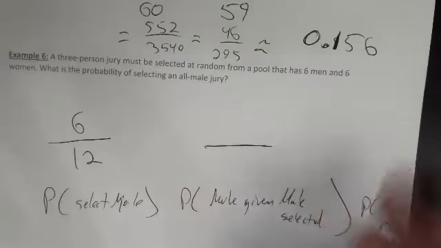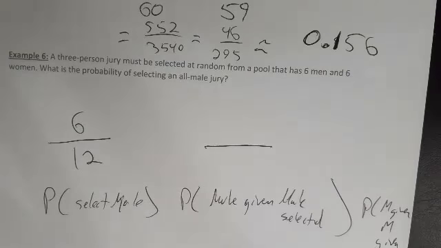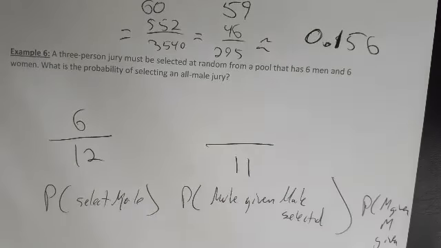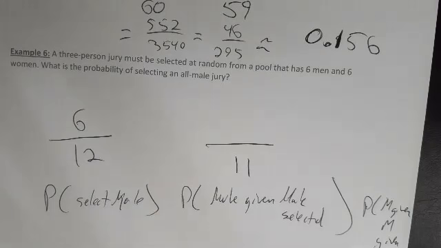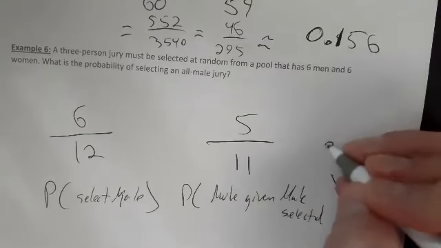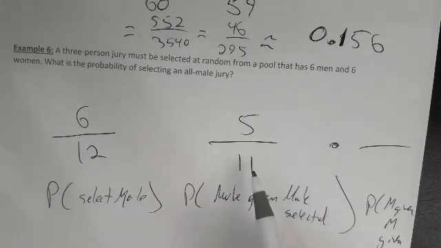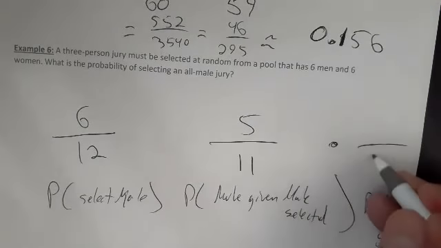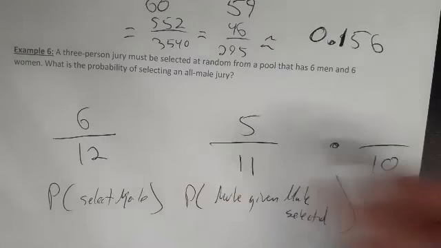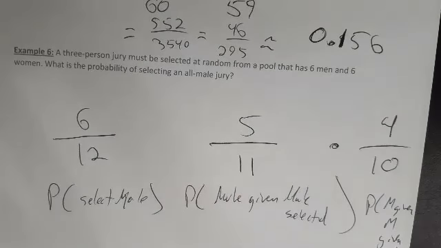So now instead of 12 people, how many people do I have total? I have 11 people total here. And if I pulled out a male on the first one, how many males are left here? There are going to be 5 males left. I have 12. This is going down to 11. I picked out 2 males. 10 people total left. I have 4 males left.